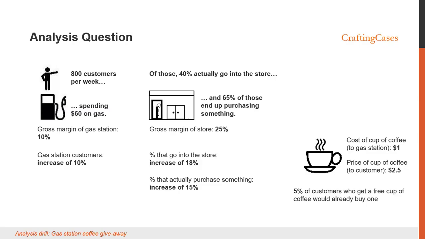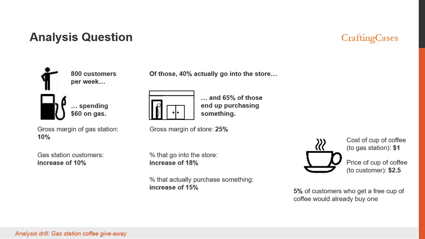Okay? Now, before I start structuring, there's one question that I want to ask here. I can see here that the percentage that go in the store is going to rise by 18%, and they're initially 40%. Are they going to increase by 18% as a percentage of those 40%, going to something like 48?